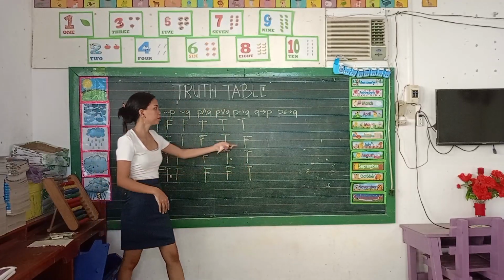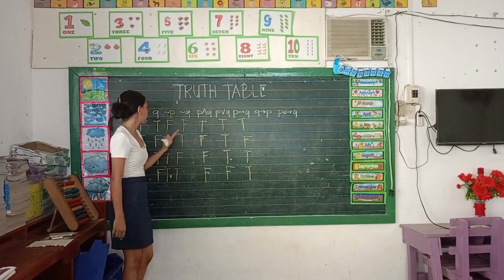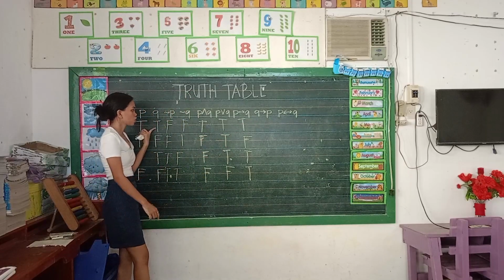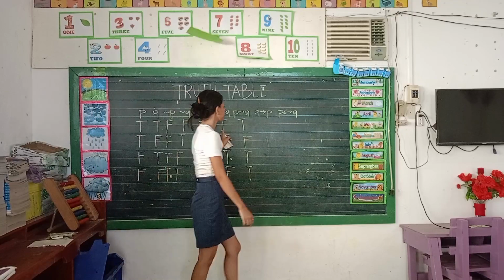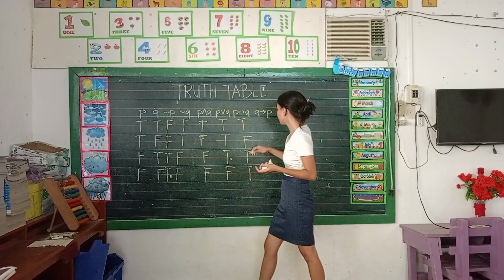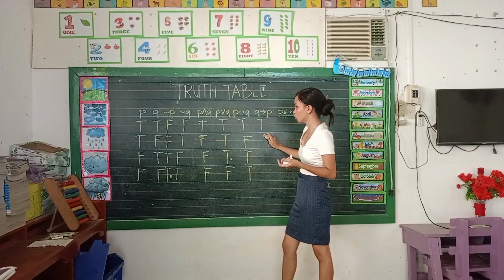But, for example, if we reverse it, the statement Q becomes our statement 1. Q is true and P is true. So, therefore, the result is true.